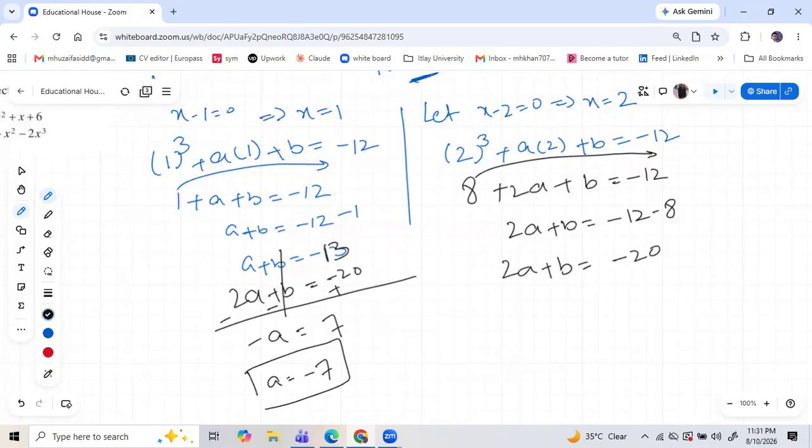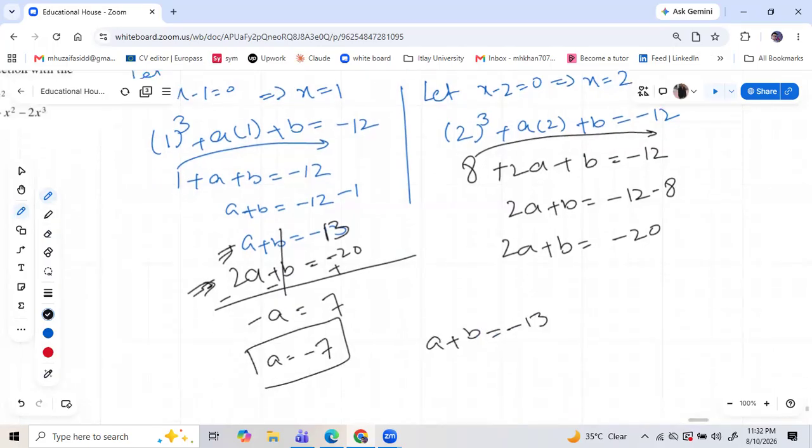Now we put it in one equation. Which equation is totally up to us, but this is the simplest form of the equation, and we prefer the first equation. So our first equation is what? A plus b is equal to minus 13.